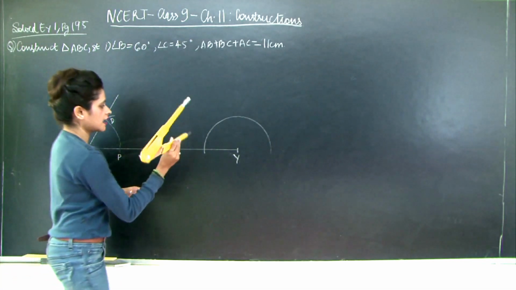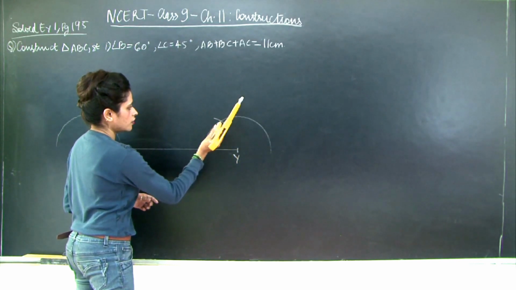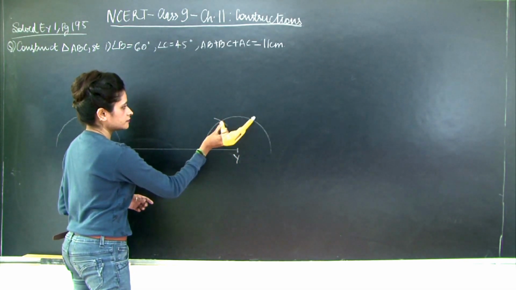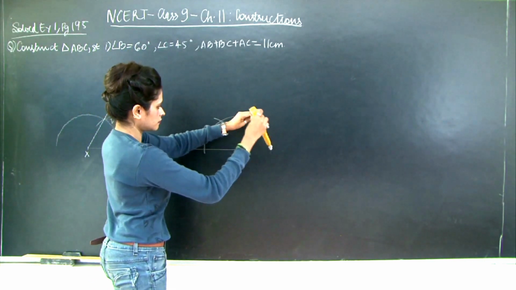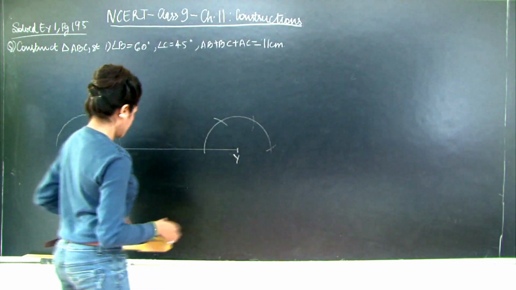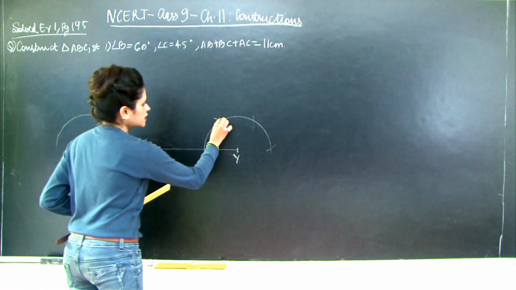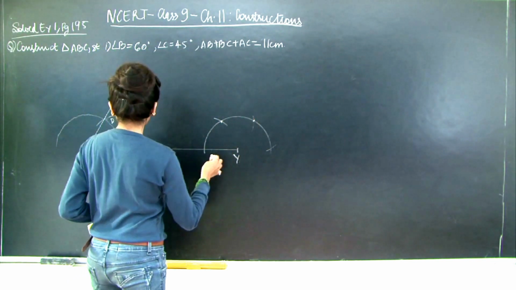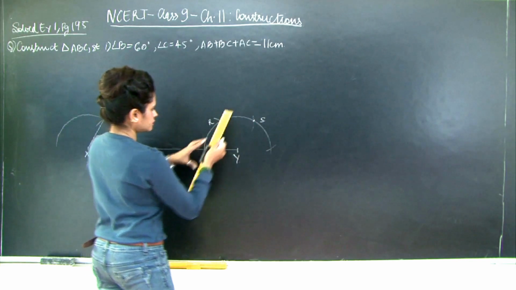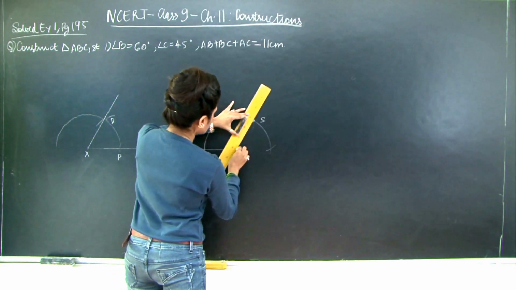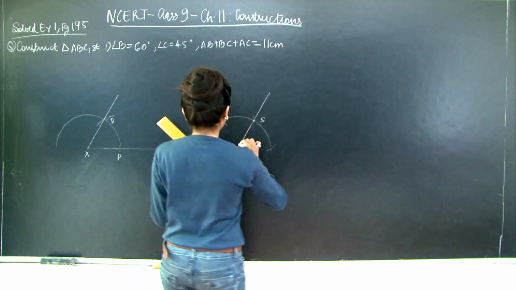Without changing this length, you construct equal arcs using this point on the arc drawn earlier. So 3 equal arcs. Now you are going to join Y to these 2 points. Let's call them R and S. So joining YS and YR.